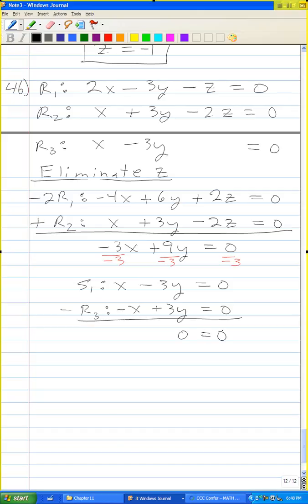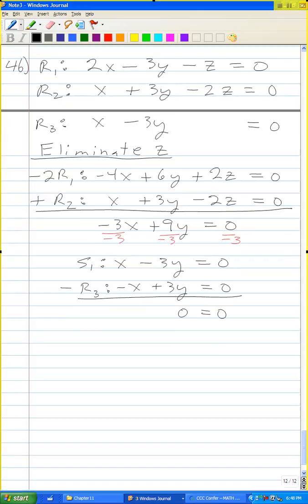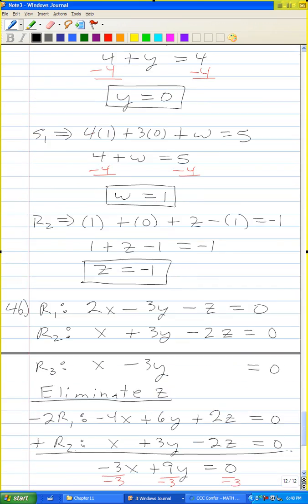Okay, so it means I can eliminate that. So I just have S1. And so let y equal t.